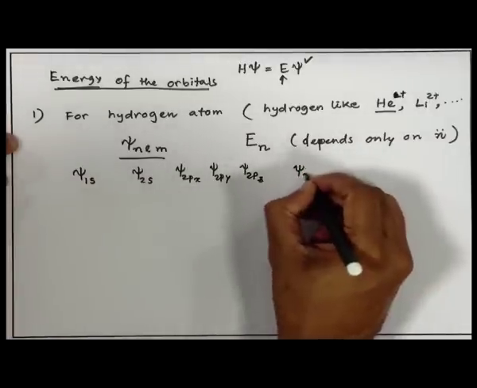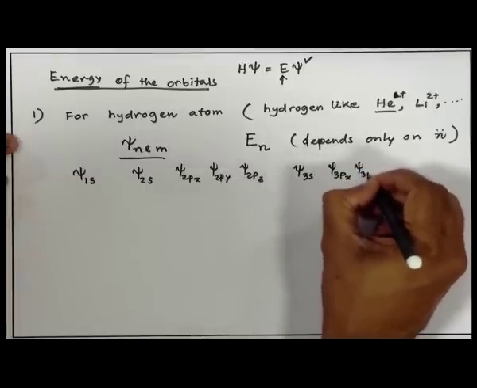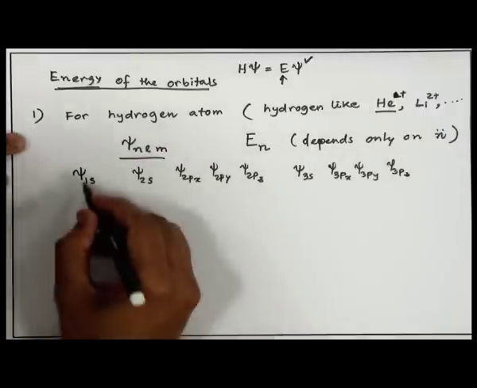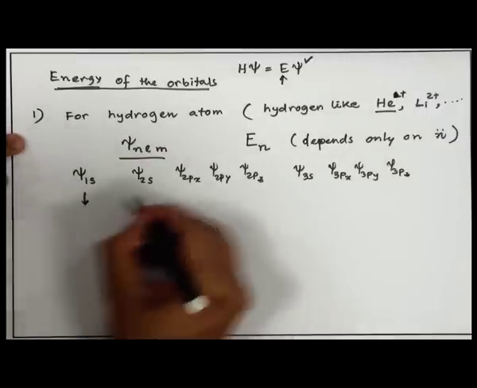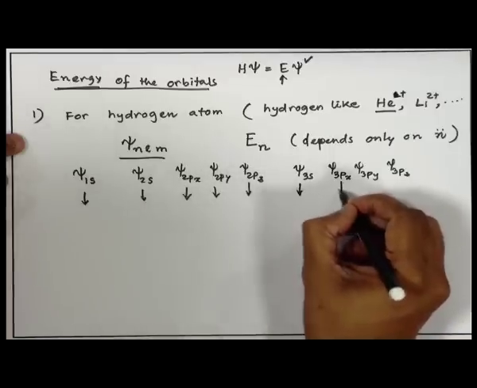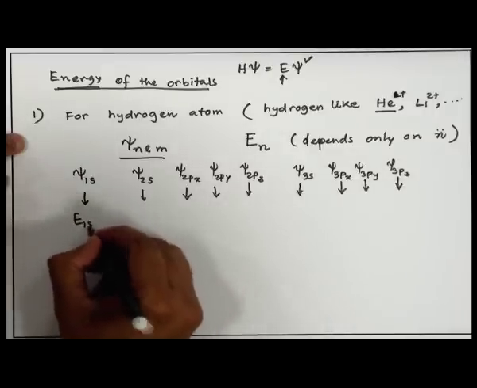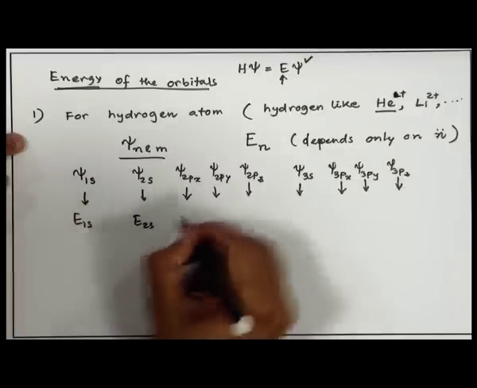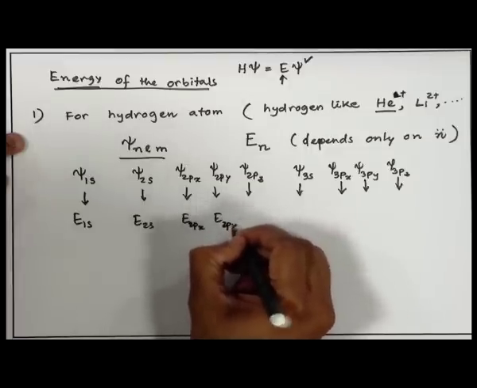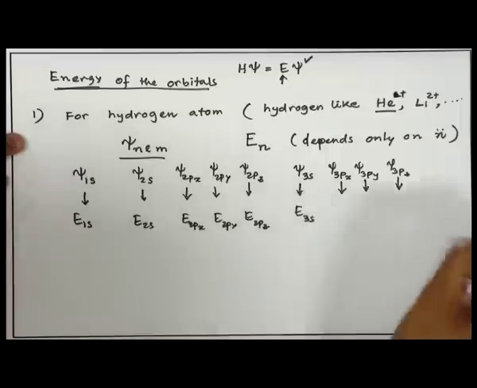Then I can have psi 3s, psi 3px, psi 3py, psi 3pz and so on. Each wave function corresponds to an energy, right. This is what the solution of the Schrodinger equation said. So, this energy can be E1s, this is E2s, E2px, E2py, the energy corresponding to the 2pz orbital, the energy corresponding to 3s and so on.